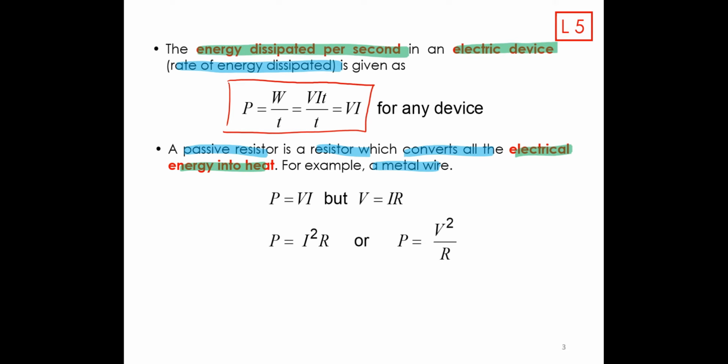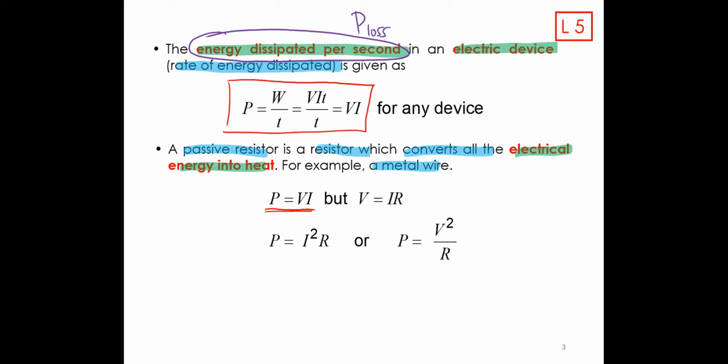We use the general equation P equals IV, and we want to find the energy dissipated per second, which means power loss.